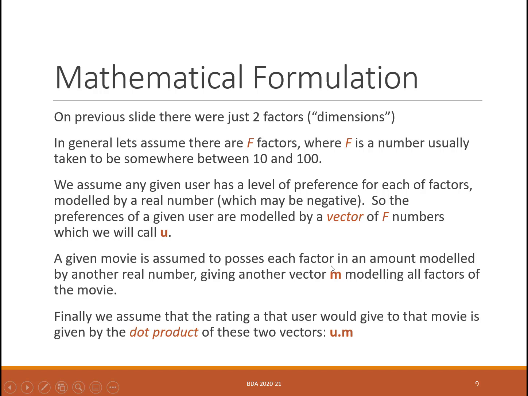For instance, in the previous slide, the seriousness factor for the movie Braveheart is positive, but it is negative for Dumb and Dumber. So, we have two vectors u and m. The former characterizes a user and the other one factorizes an item. The rating that a user would give to an item is calculated by the dot product of these two vectors, which is a single real number.